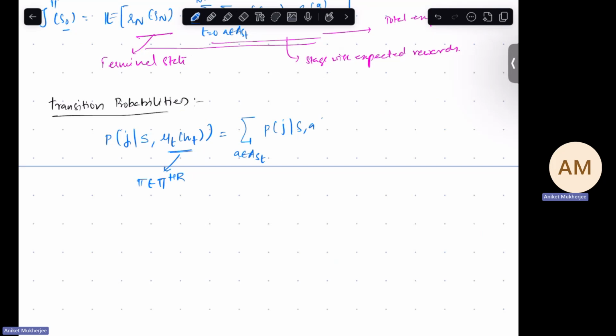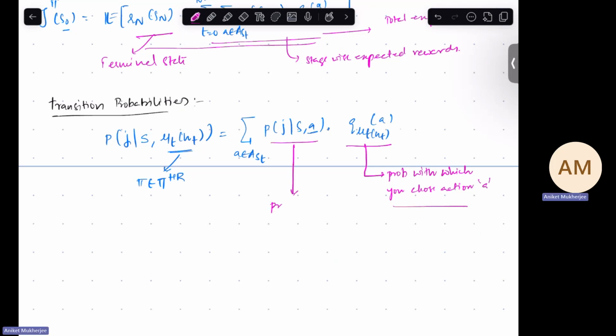You have a transition probability if you know what the action is, but this action is random, so this is the probability with which you choose action A, and this is the probability with which you transition to state J if you are at state S when you choose the action.